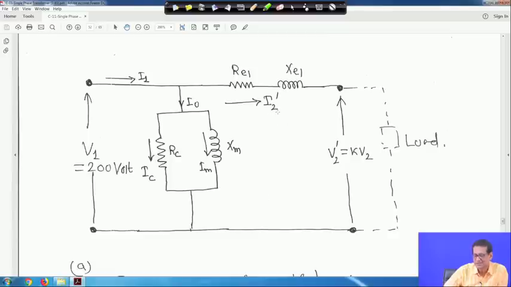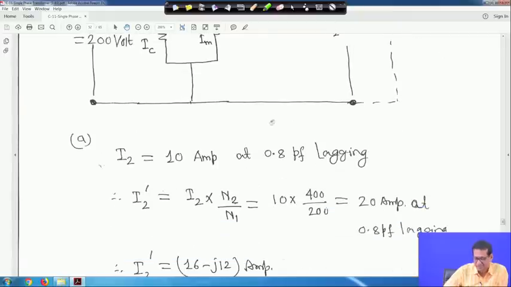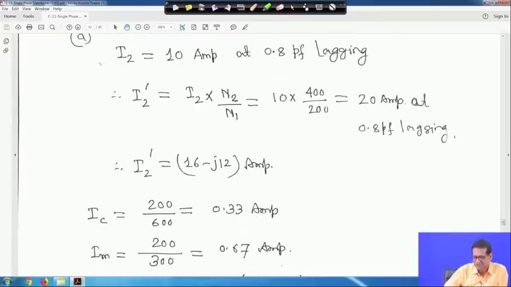So, I2 dash you have to refer to the primary side. I2 dash will be I2 into N2 upon N1, because N1 I2 dash is equal to N2 I2. So, I2 dash will become 20 ampere at 0.8 power factor lagging, that is 36.87 degree lagging. That means I2 dash will be 16 minus j12 ampere directly.